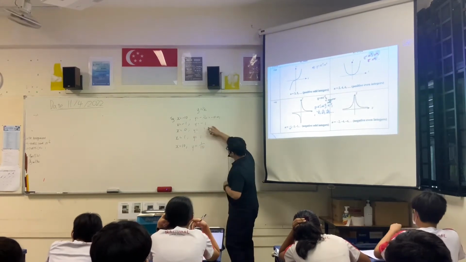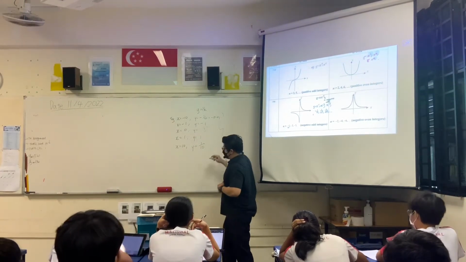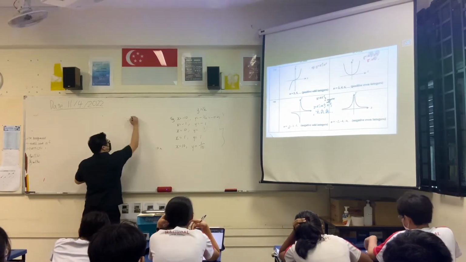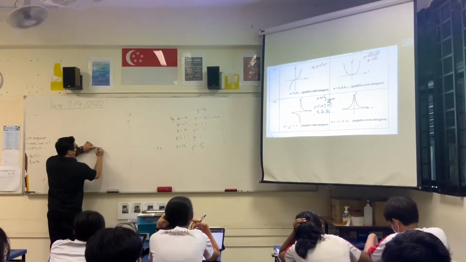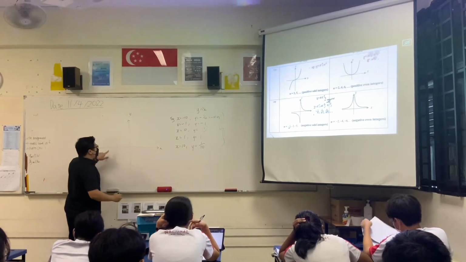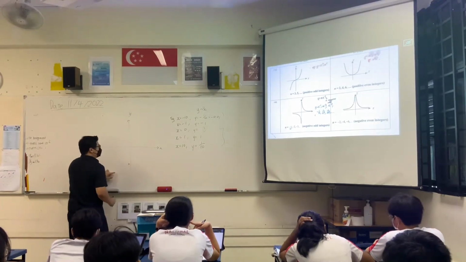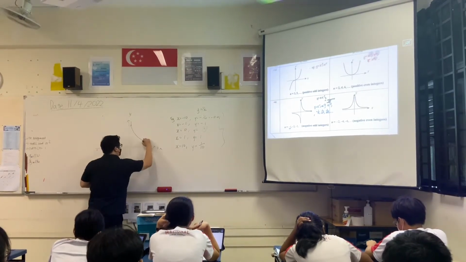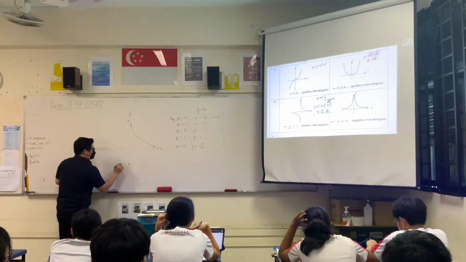If you look at all these, then you just plot out the graph, x, y, negative 10, negative 1, give me some values. Somewhere here, some undefined. So this allows you to sketch the graph.